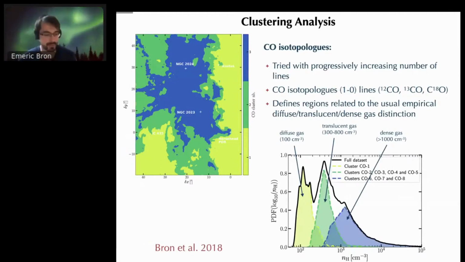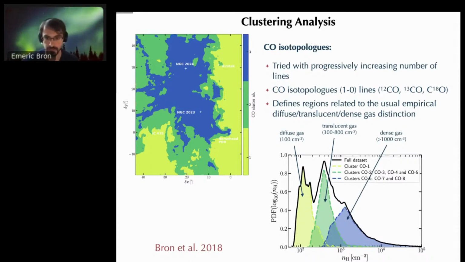We first applied it to a reduced, low dimension version of our dataset using only the 3 isotopologues of CO, and already we see some interesting results. We compared the clusters that appear to an independent estimate of the density of the gas coming from dust emission, information that the clustering algorithm has not seen.